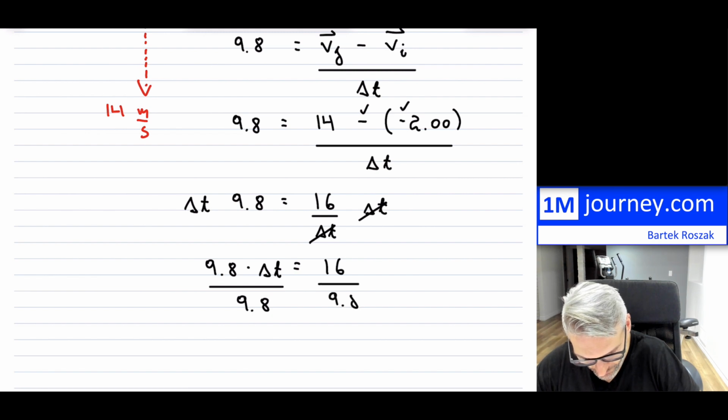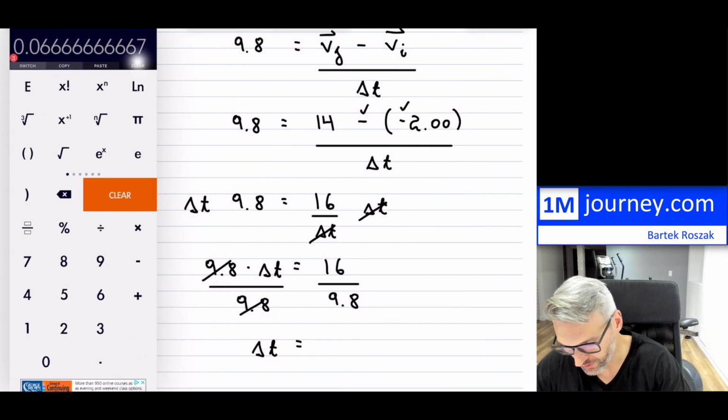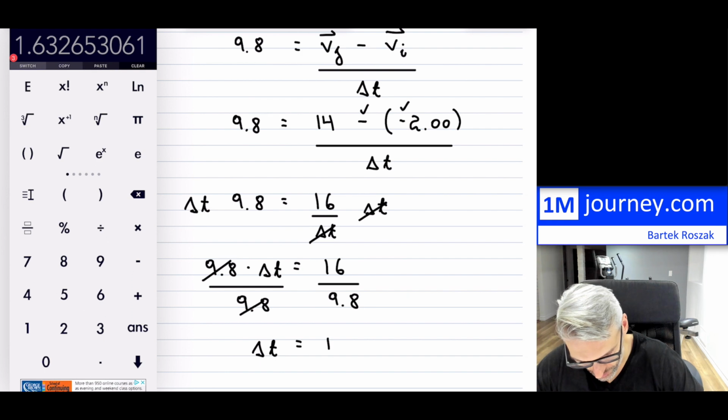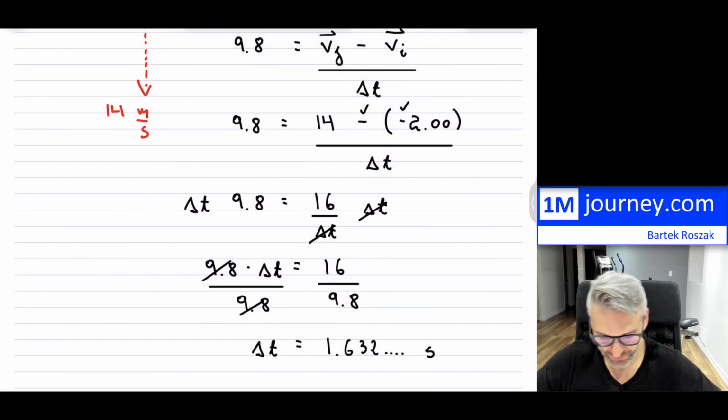So this 9.8 cancels, and your delta t, the total time, is going to be given to you. So 16 divided by 9.8 equals 1.632, etc. And this is going to be in seconds, so it doesn't take really that long in this case.